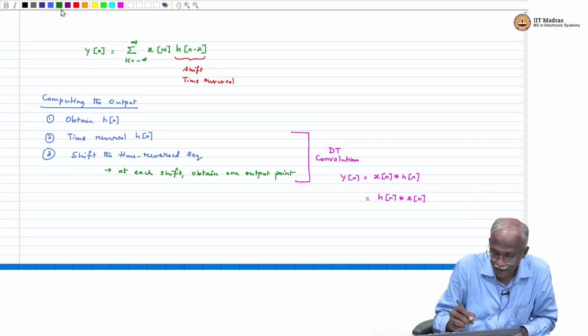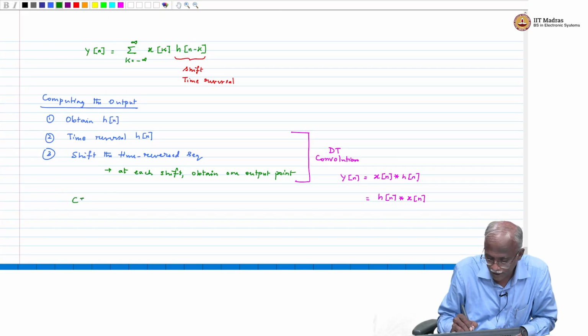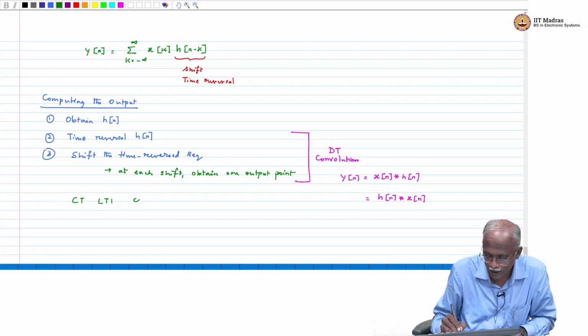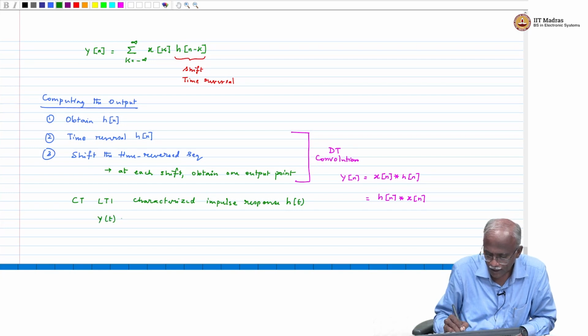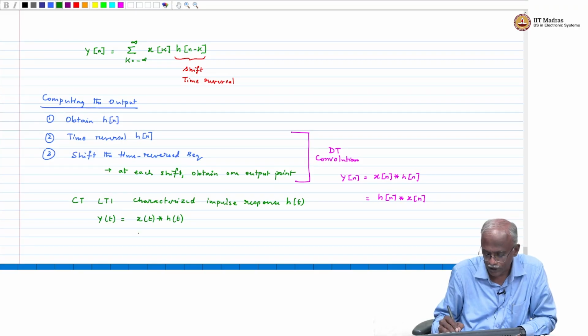Now, this is the analogy with a continuous time linear time invariant system. A continuous time linear time invariant system is fully characterized by the impulse response h of t, a continuous time signal, and the output y of t is given by the convolution of the input x of t and the impulse response h of t, which is computed via an integral.